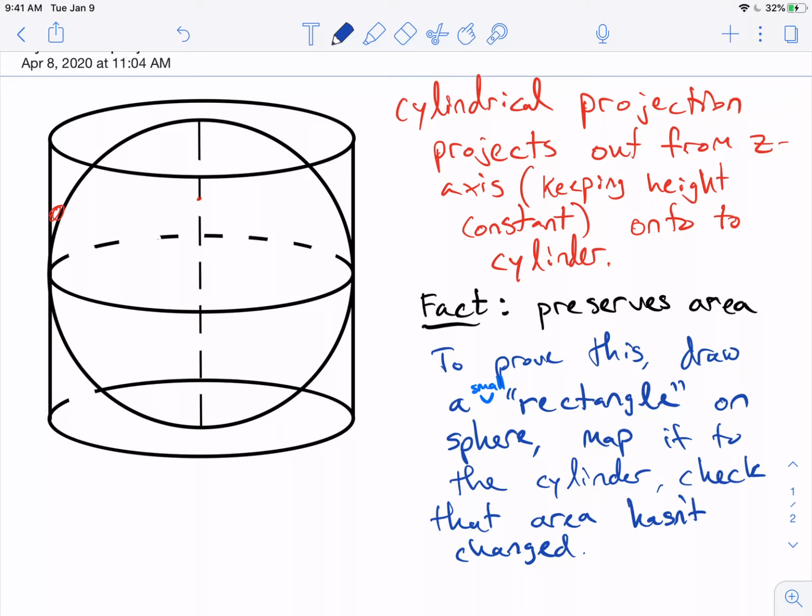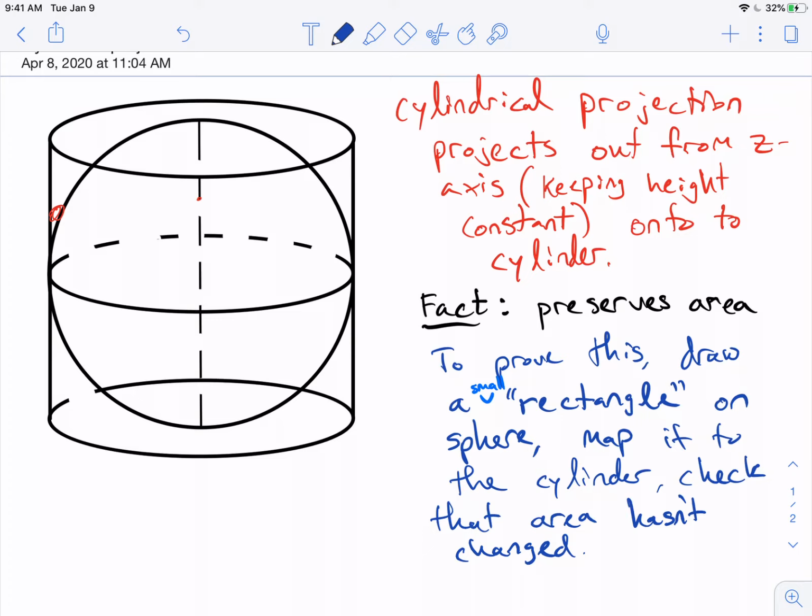Couple things to note here. So I put rectangle in quotations here, right? And the reason for that is on the sphere, it's not going to be an honest rectangle. It's going to be something that is not quite a rectangle, but is sort of approximately close to a rectangle. And so what we're going to actually prove is that it approximately preserves area. And the smaller your rectangle, the closer that approximation will be to the actual value.